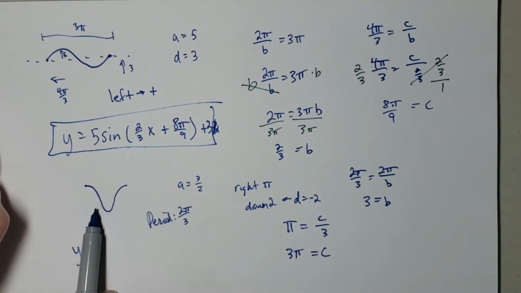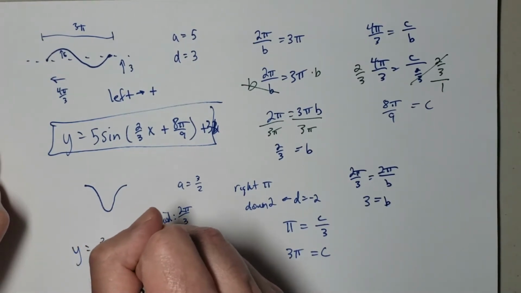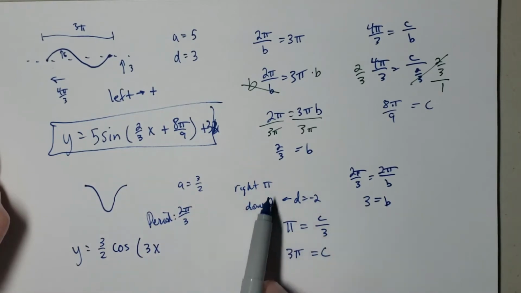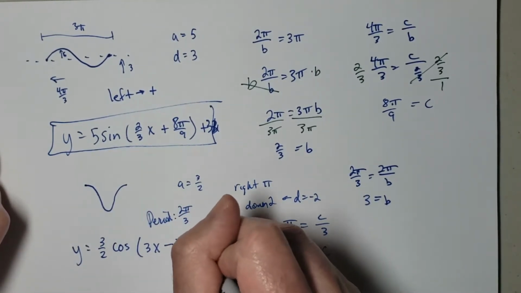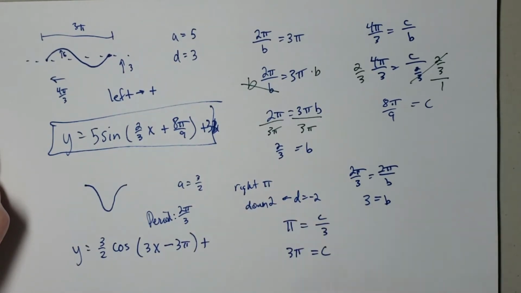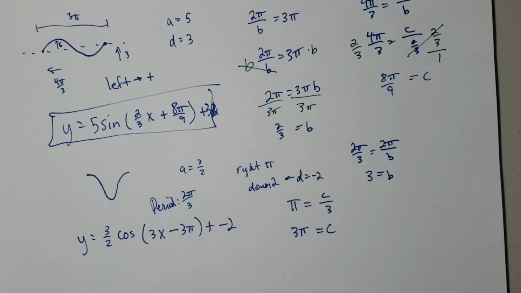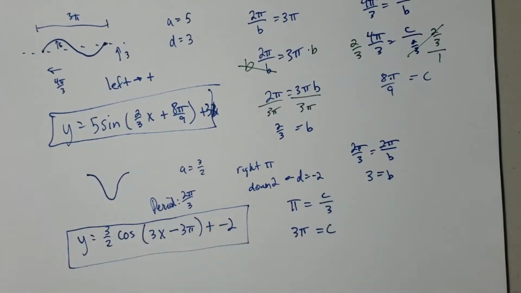This is a positive cosine, so the amplitude was 3/2. Cosine, B is 3. It moved to the right, so I'm going to subtract 3 pi plus the midline, which was -2. You could write -2, but I already put the plus in, so let's see if I do better with my box there. All right, so that's your number 2.